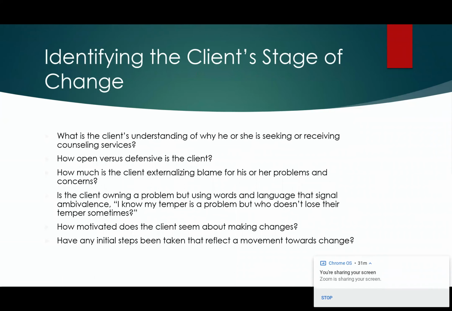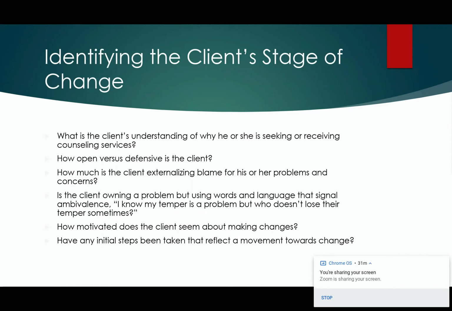So to understand and identify the client's stage of change, we have to assess the client's understanding of why they're seeking treatment. We also want to measure their ambivalence or openness or defensiveness about the problem or seeking treatment. We want to see how much accountability the patient is taking for the afflictions or the issues.